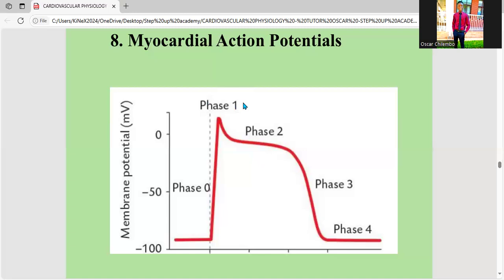Now the reason a plateau forms is that the rate of calcium influx equalizes with the rate of potassium efflux. So what I mean is the amount of potassium leaving the cell is equal to the amount of calcium entering the cell.